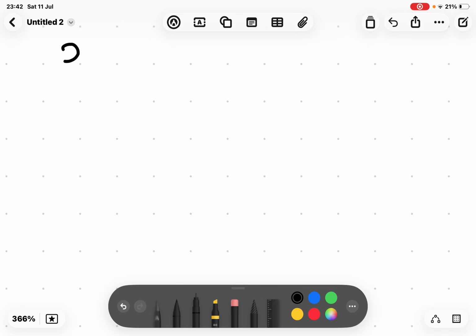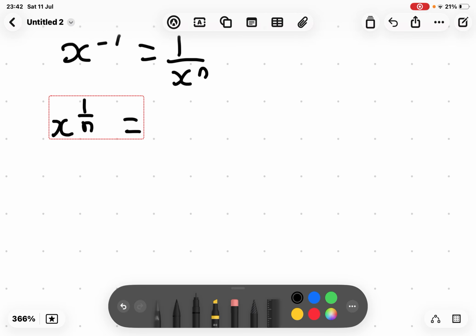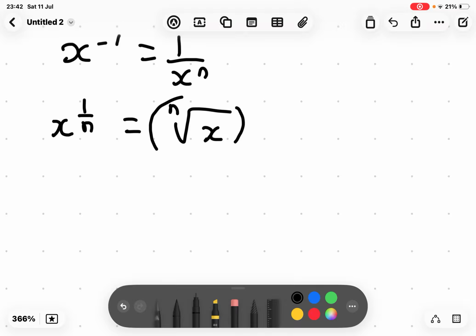After that, the other laws you have to know is x and x 1/9 equals, and x. Okay, no, that's wrong, but this is right.